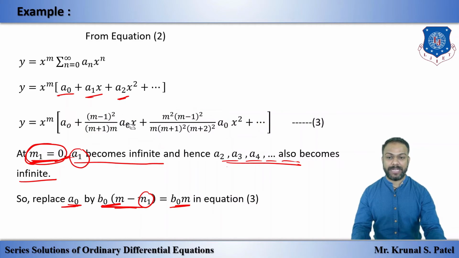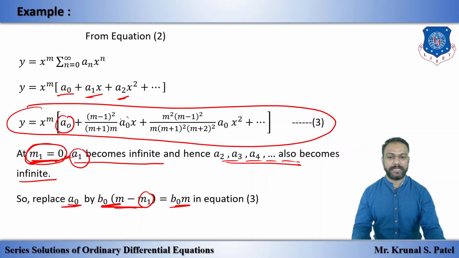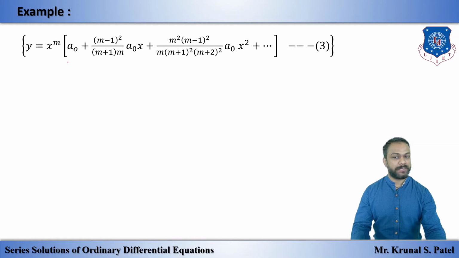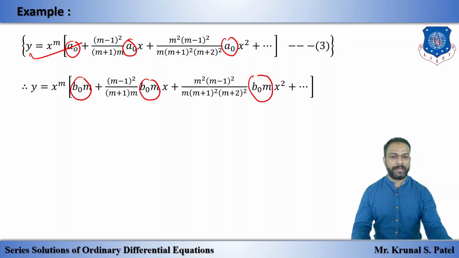That means in this trial solution, after getting this equation, here we will replace this a0 with b0 m, because b0 into m minus m1, and m1 is our 0. So we will replace it in this place. So we have this entire equation number 3 and we will replace here. So a0 becomes b0 m, and all the rest of the terms are as they are.